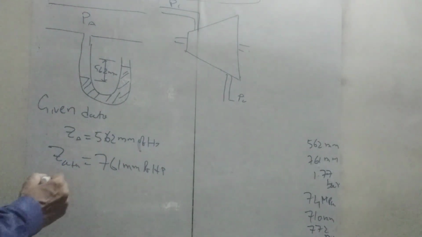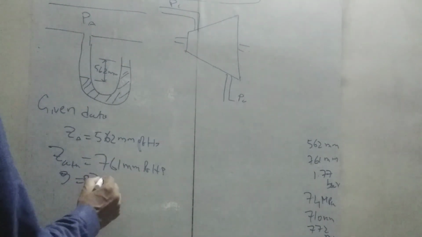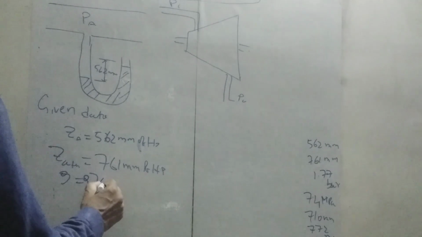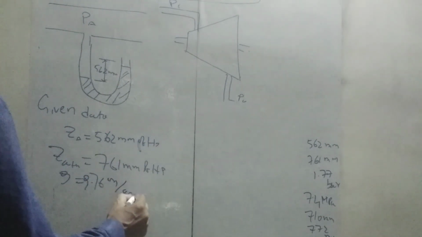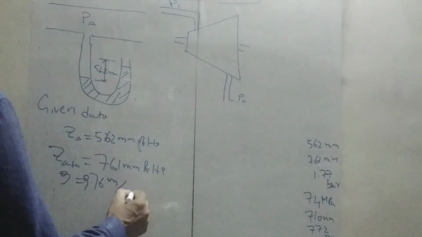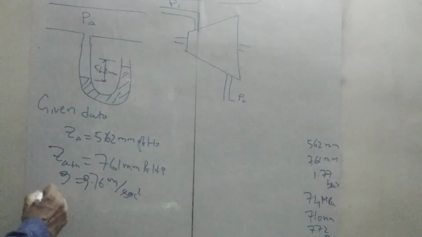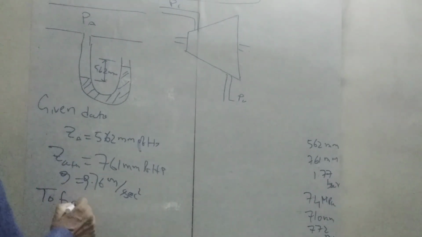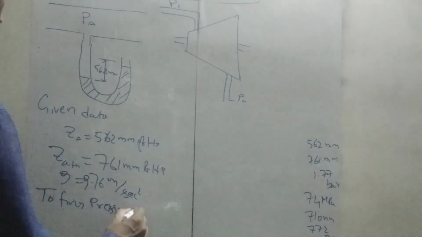Now the acceleration due to gravity for this problem is given as 9.76 meters per second square. Now to find pressure PA.